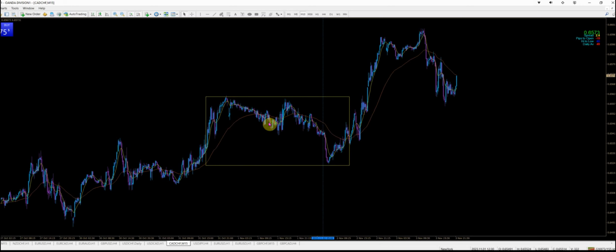So that's 88 15-minute candles. So divide that by 4, 22 hours. So this is less than 1 day. From this entry here up to here is less than 24 hours. It's about 22 hours. So that's what I'm saying. These are short-term trades. Okay?